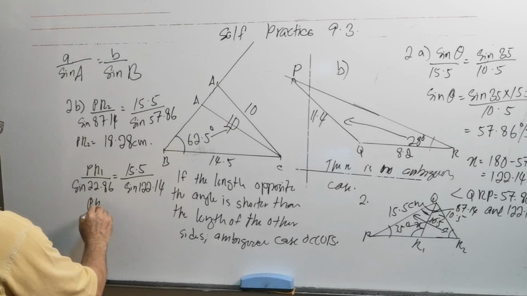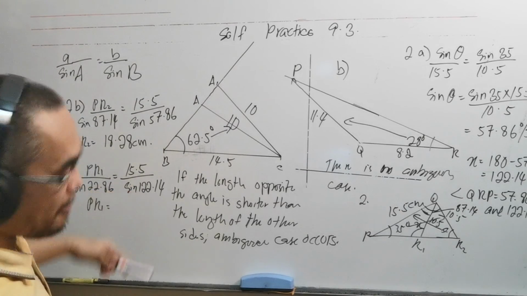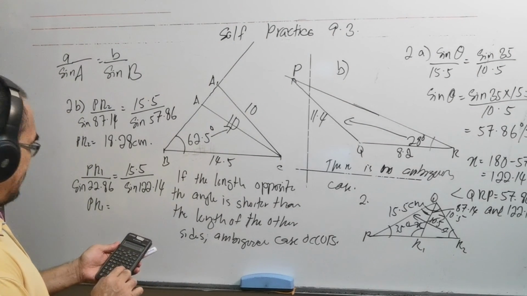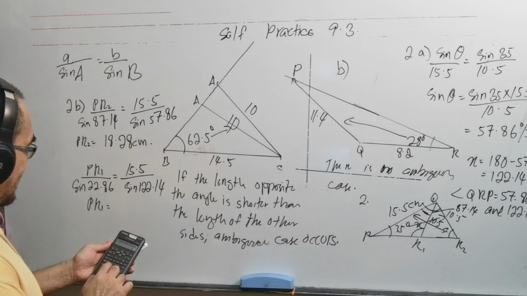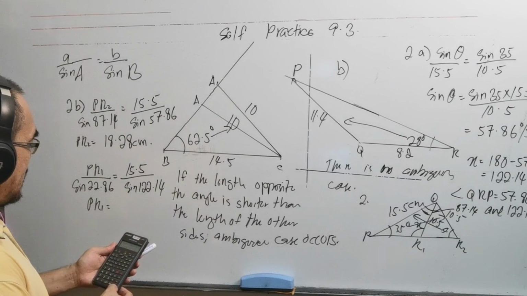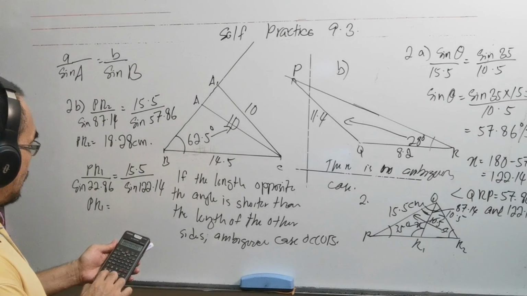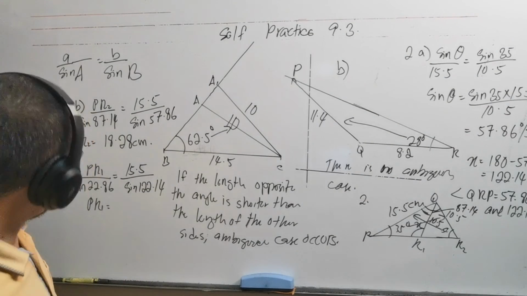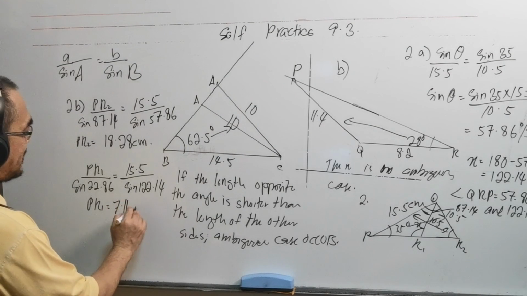So P to R1 is equals to 15.5 times this divided by this. Okay, 15.5 times sine 22.86, then you divide by sine 122.14. So we have the length is 7.11 centimeters.